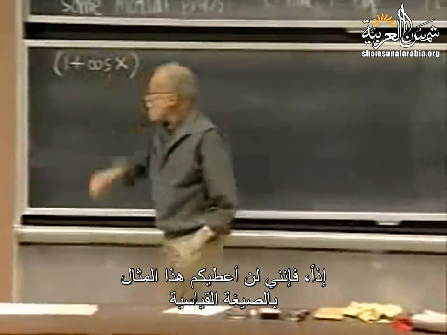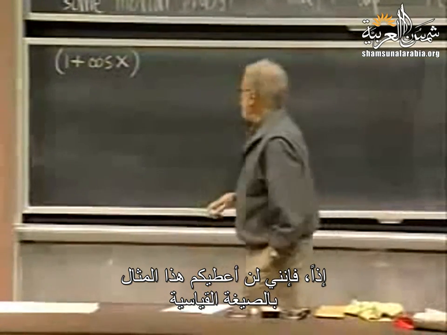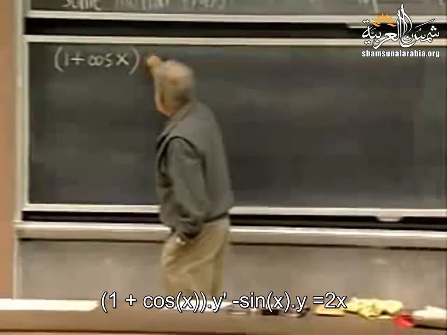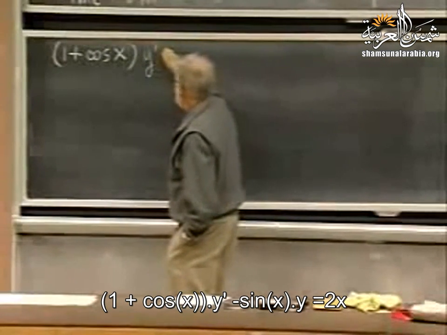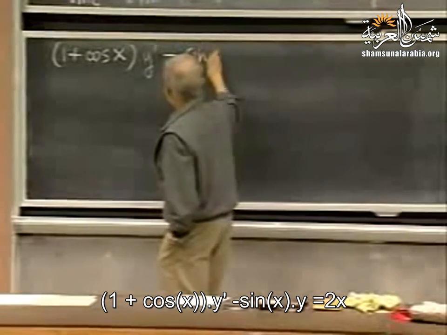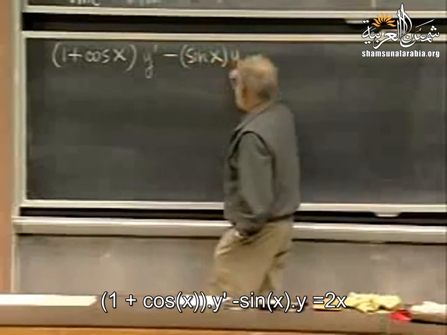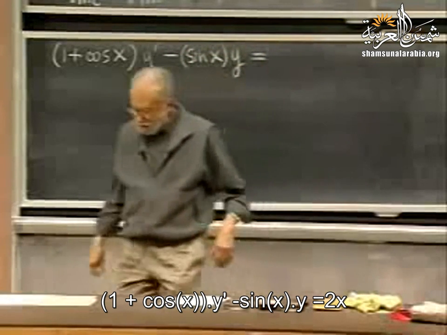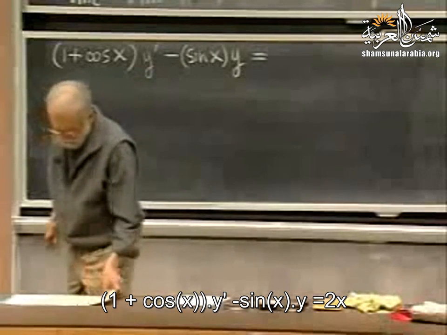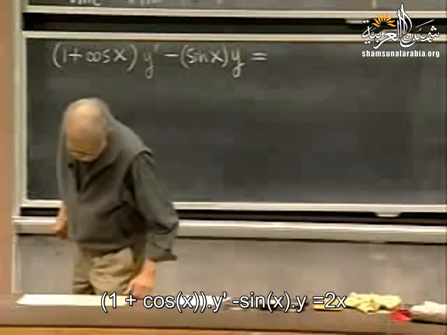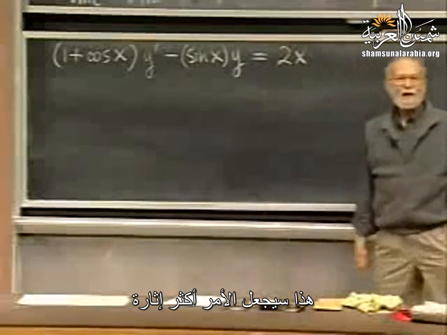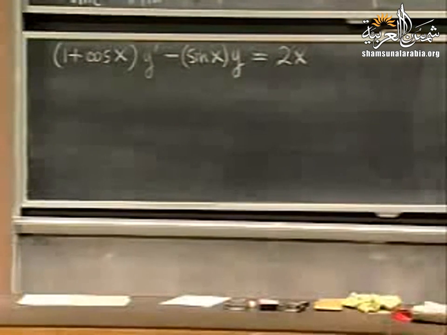So I'm not going to give you this one in standard form either. Trick question. y prime minus sine x times y is equal to anything reasonable, I guess. Make it more exciting.